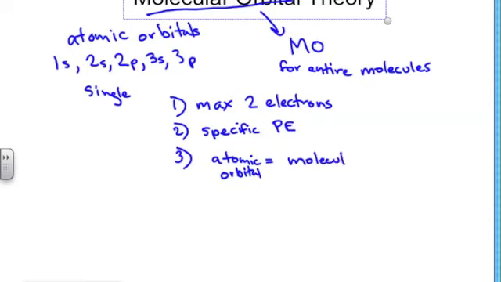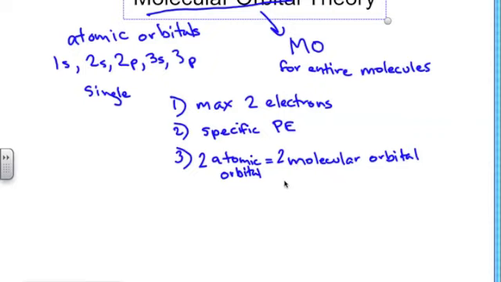If we have one atomic orbital, we should make one molecular orbital, although that's not highly likely because you need 2 orbitals to form a bond. If you have 2 atomic orbitals to start with, you should get 2 molecular orbitals. Since you're always contributing at least 2 atomic orbitals, you're always going to have at least 2 molecular orbitals.